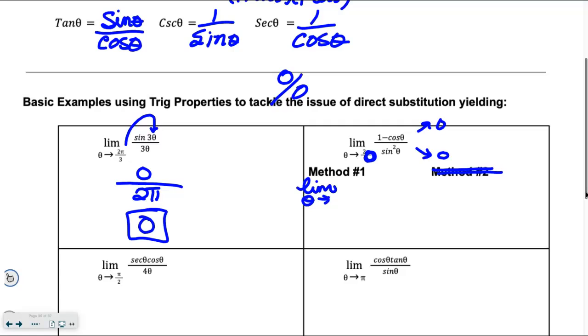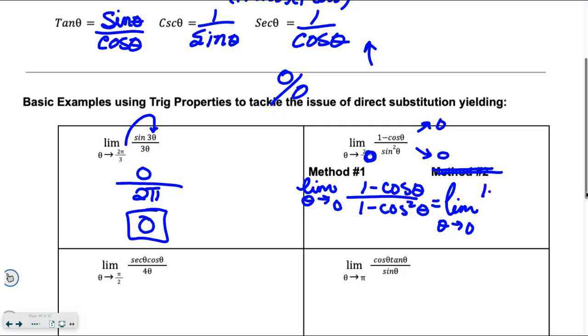the bottom of the fraction, the denominator, and when I see that 1 minus cosine on the top, I'm going to use the trig identity up here that says that sine squared is 1 minus cosine squared. Because then my denominator is a difference of squares.